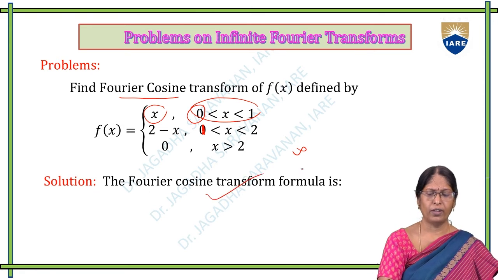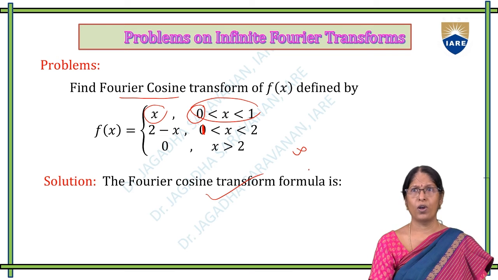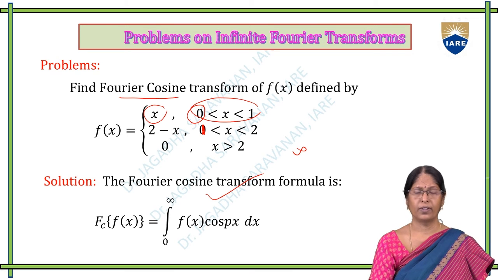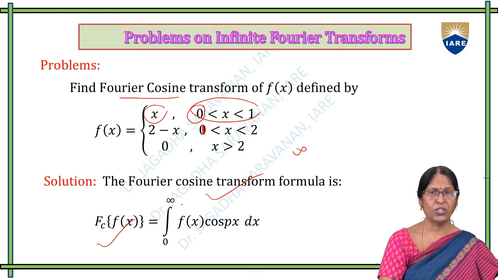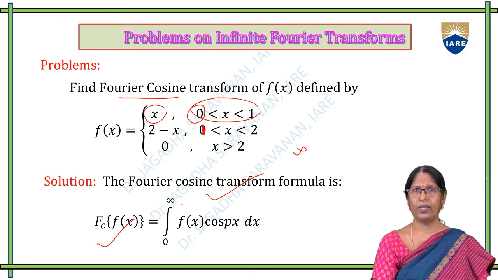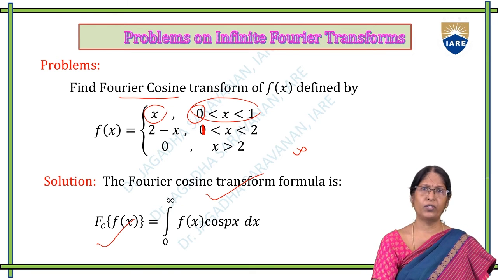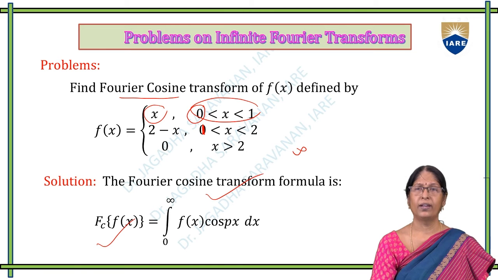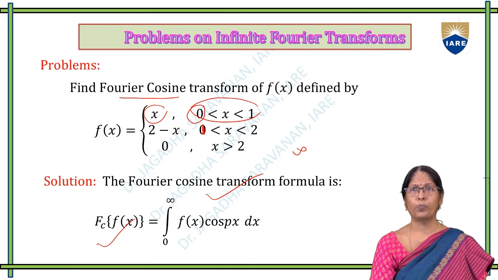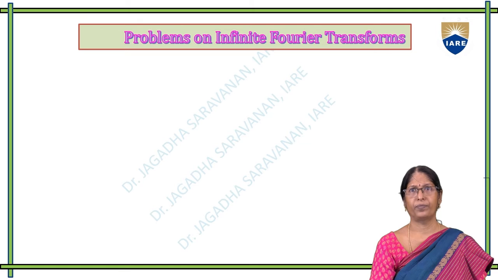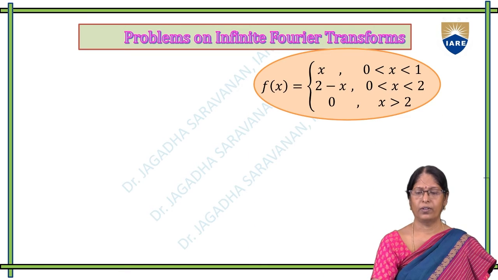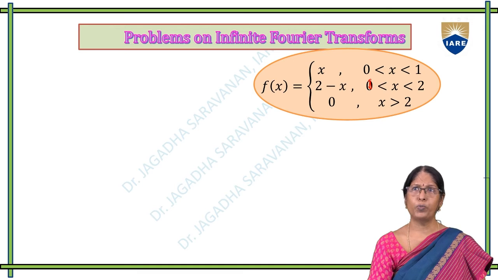So the Fourier cosine transform formula is capital FC of f of x equal to integral 0 to infinity f of x cos px dx. It should be 1 here. So x lies between 0 to 1, x lies between 1 to 2, and x is greater than 2.